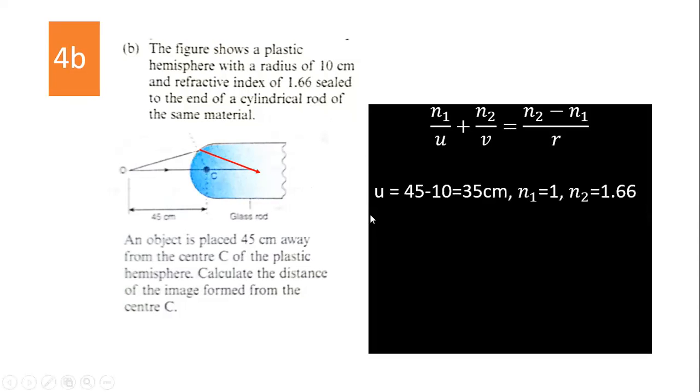Okay, then form your equation. Your U is 45 minus 10. I've done something wrong. N1 is outside here. N2 is 1.66. That's N2.